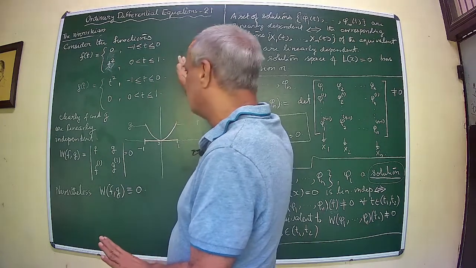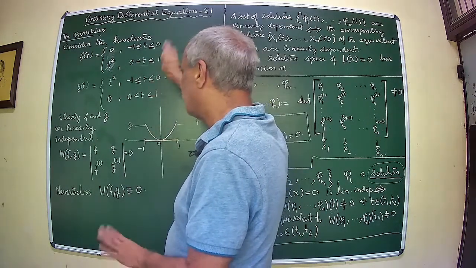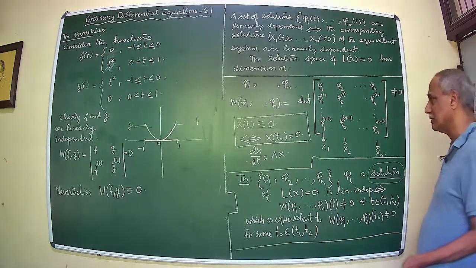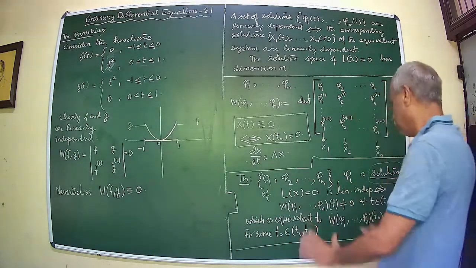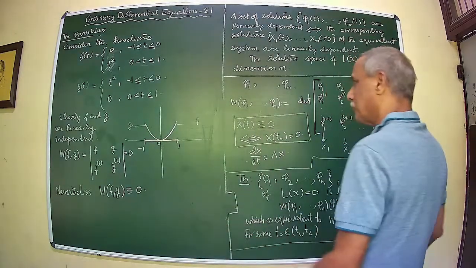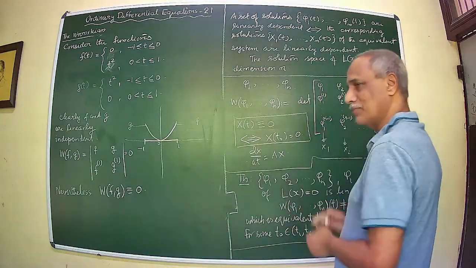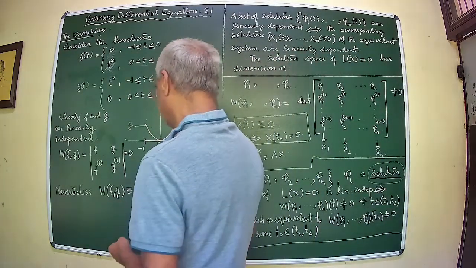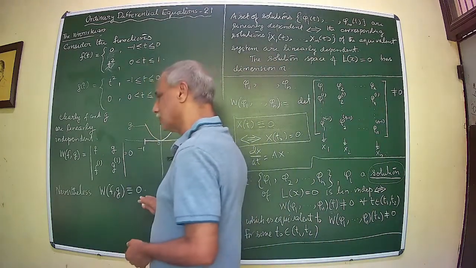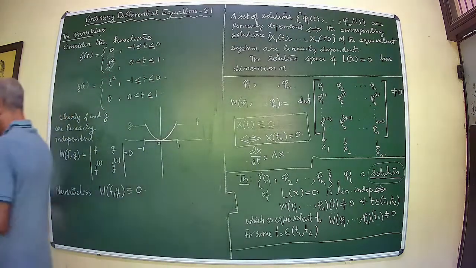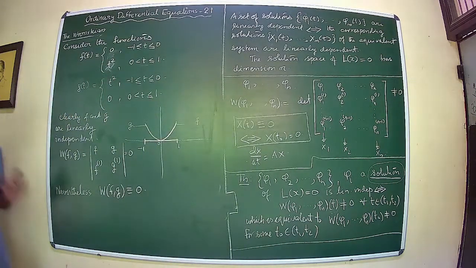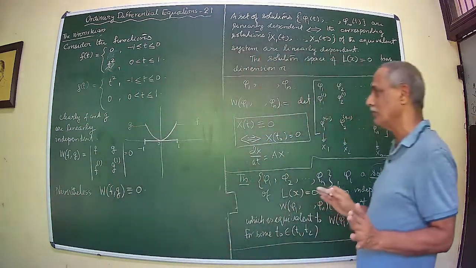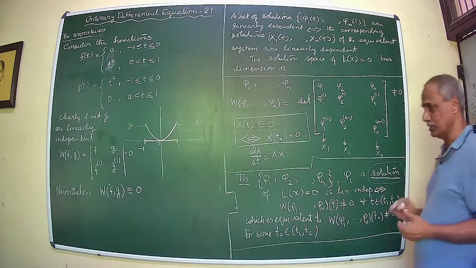That's the problem. These functions are not solutions of any homogeneous equation. If these were solutions of the homogeneous problem, then W(f,g) identically equal to 0 would have definitely implied that f and g are linearly dependent. So they cannot be solutions of a homogeneous equation.